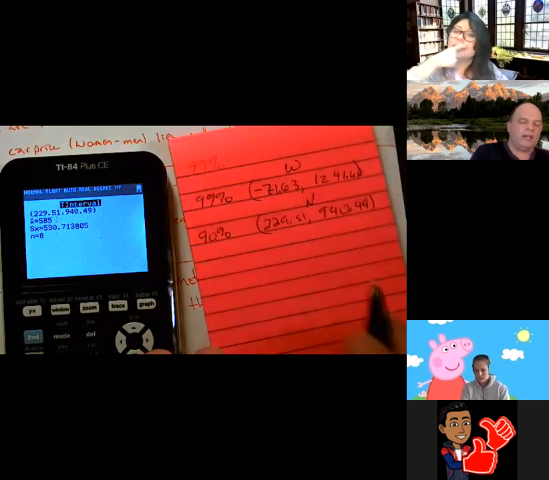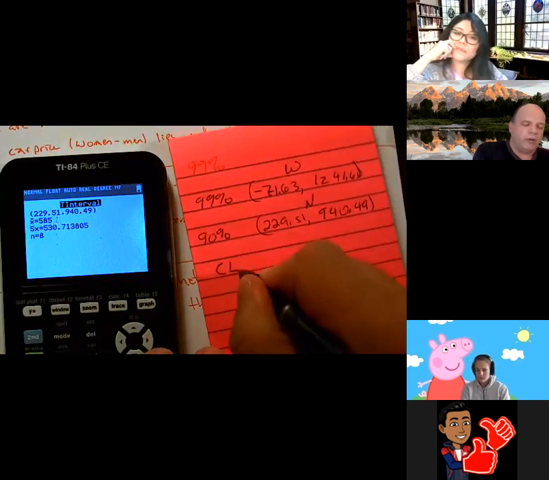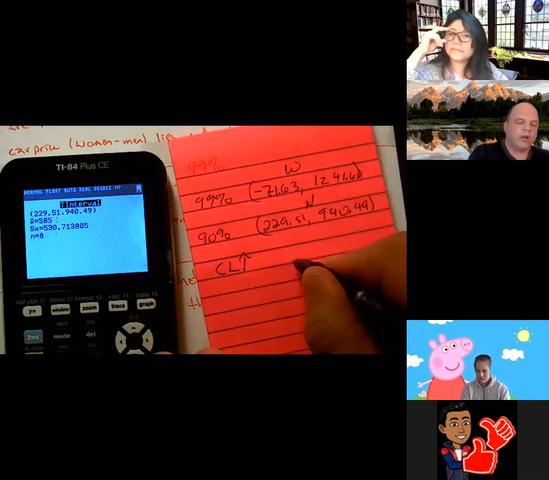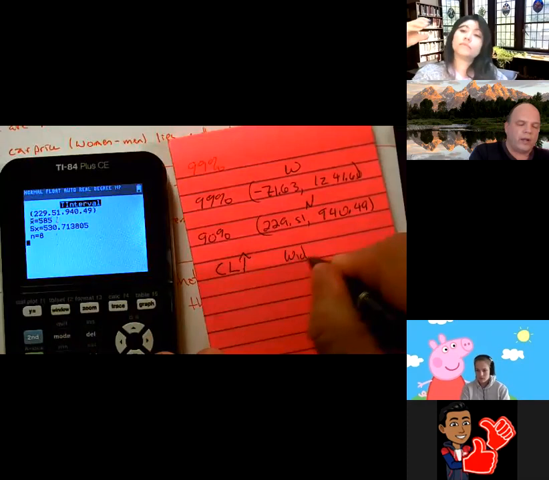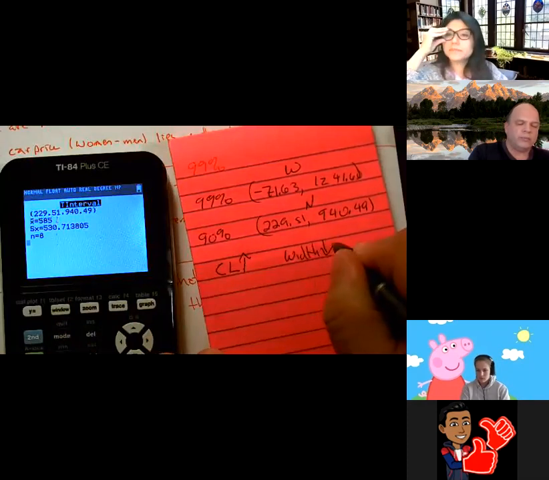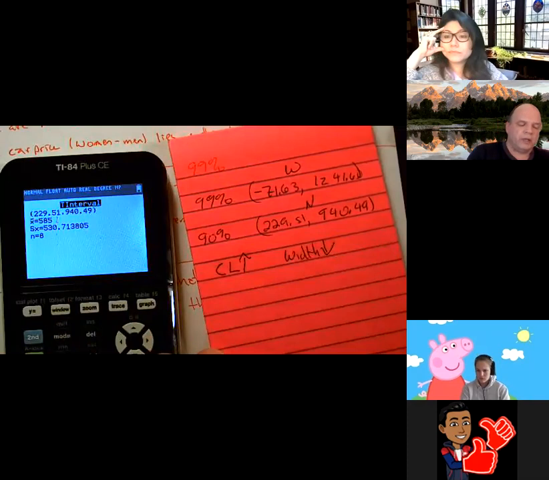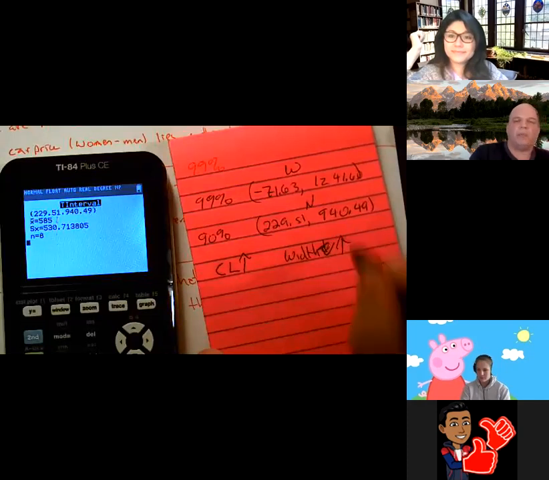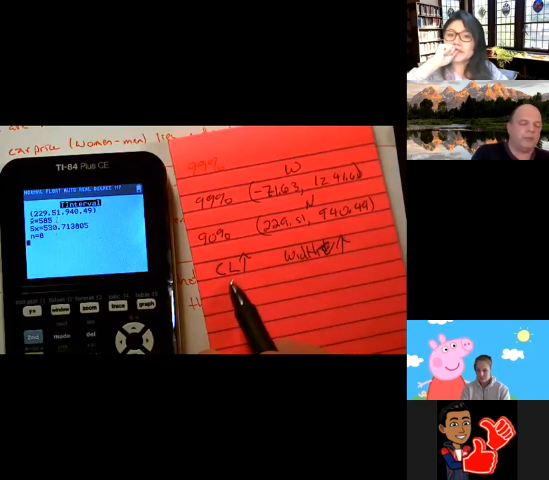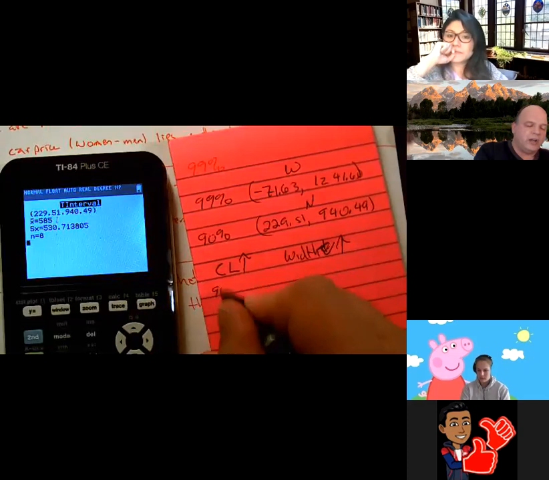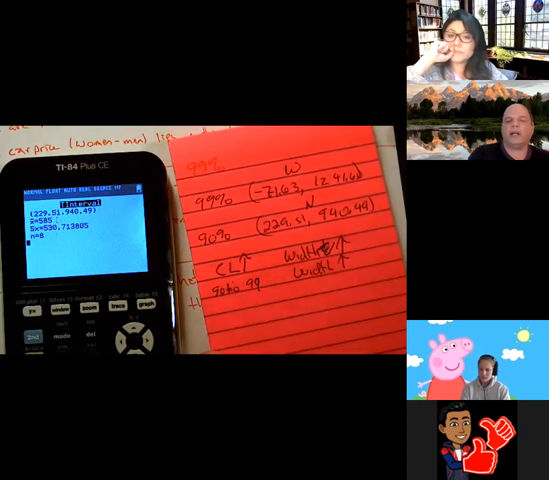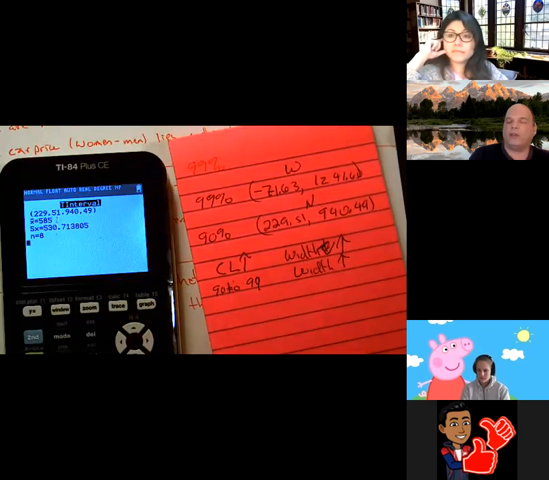So what we can say is, as we increase our confidence level, our interval width, excuse me, I did that completely wrong. As we increase our confidence level, our width goes up. As we go from 90 to 99, our width increases, right? As we increase our confidence level, our width increases.